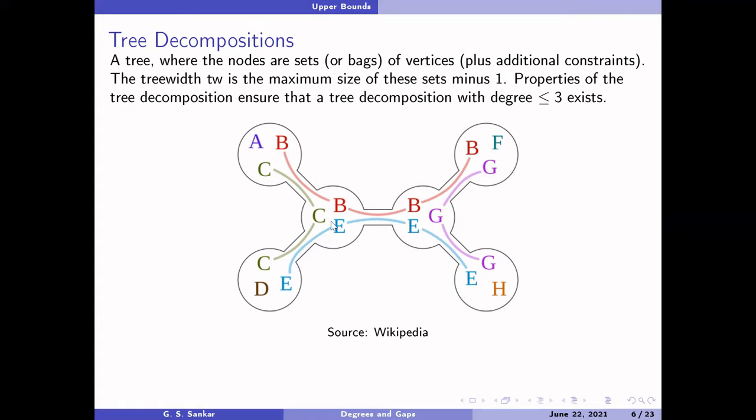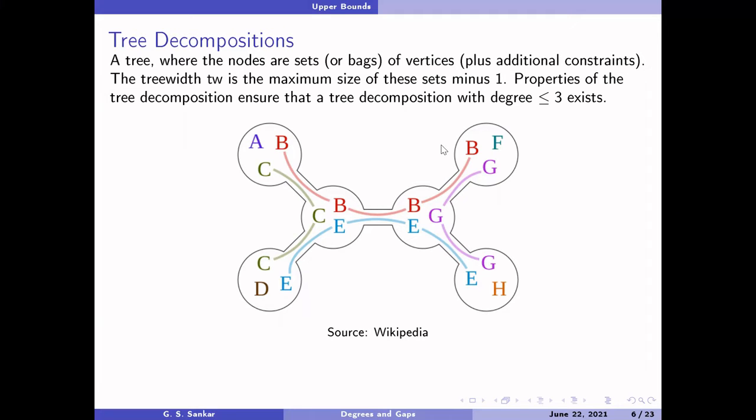This here is, for example, the tree decomposition of some graph, and you can see that there are some connectivity constraints, for example, all the bags in which b appears must be connected, and so on. We'll not get into that for a moment, but I'll just mention that the properties of the tree decomposition ensure that a tree decomposition with degree less than or equal to 3 exists.